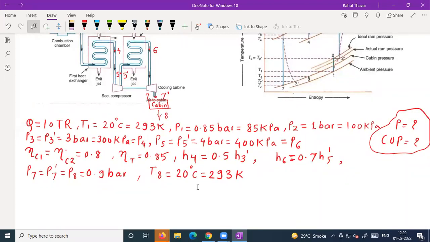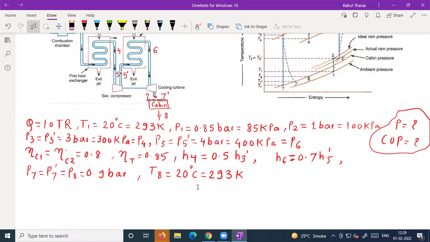Now see, in order to solve such problems, the very basic step is you should be able to calculate pressure and temperature at every point. If you are able to calculate pressure and temperature at every point, the problem will get solved automatically. So let us start with point number 1.